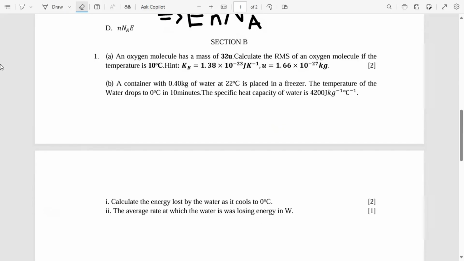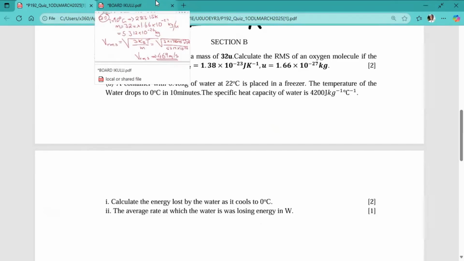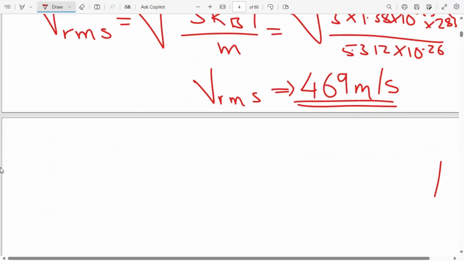So this is also a very simple question, because we've been given everything that we want: the mass, the initial temperature, the time. So this is section B, question 2.